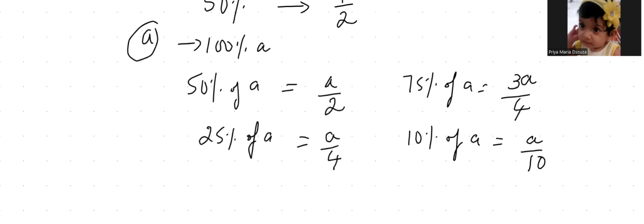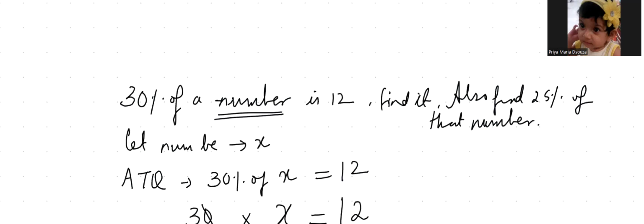So you should know percentage based questions. If you had done the sum in any other method, like if you had 30% of a number is 12, and you take 30% of 12, you would have got an incorrect answer. 30% of 12 will be 30 by 100 into 12. 0 and 0 will cancel.